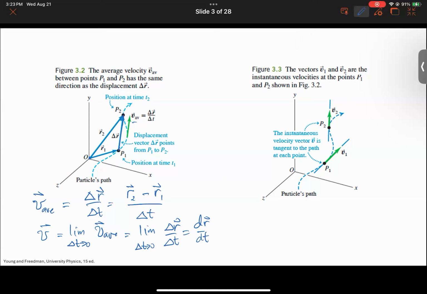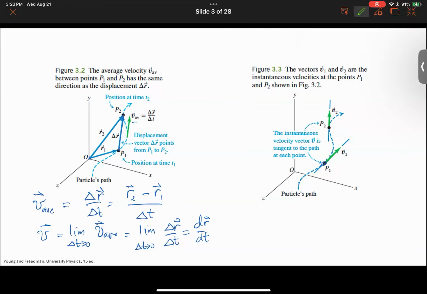So this essentially is the tangent line at a particular point on the particle's path. So dito sa figure 3.3, yung particle path is defined here. If we select a position P1, na makikita nyo rito, then at position P1, you draw a tangent line.